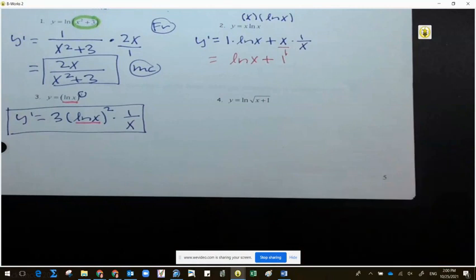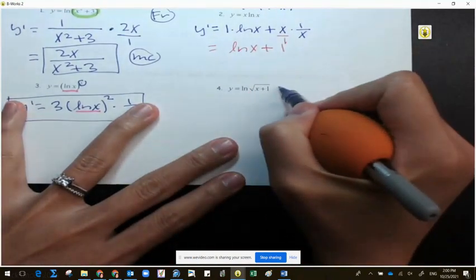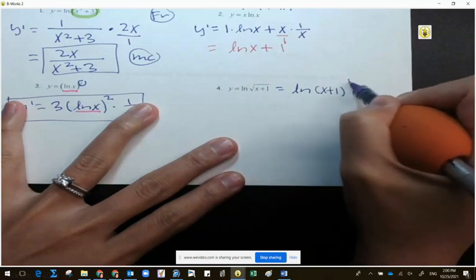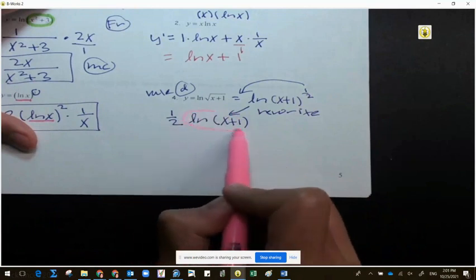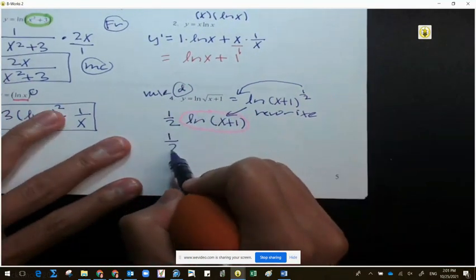All right, for number 4, how else do you think I'm going to write out the square root? So I'm going to write out natural log of x plus 1 to the 1/2. So let's go ahead and find the derivative of this guy, but leave the 1/2 alone because our coefficient is not going to change. 1/2.